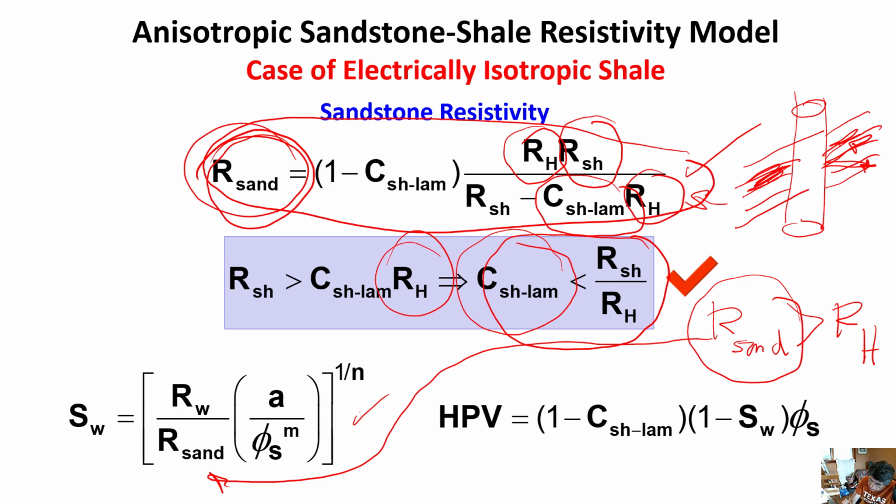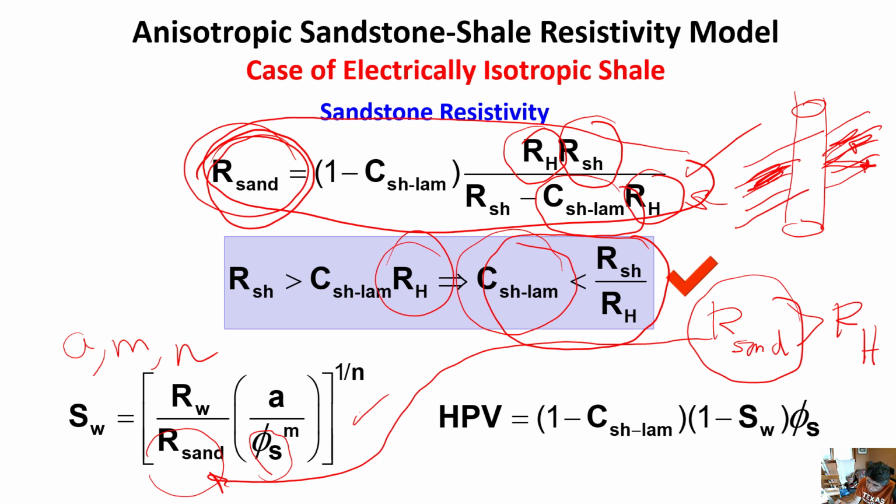Now, this equation assumes that I know the Arch's parameters, A, M, and N. I know them from core analysis of some sort. Please note that I have already calculated the sandstone porosity. Please note that the R sand that I have here is the one that came from the solution of the parallel circuit equation.